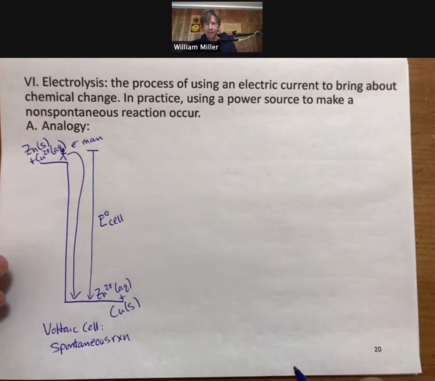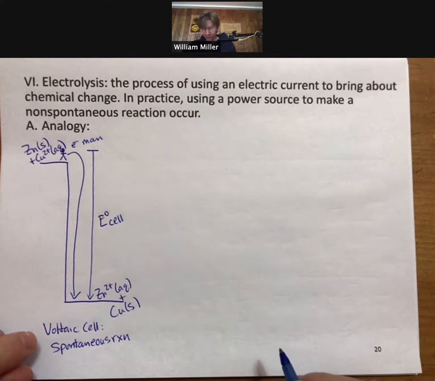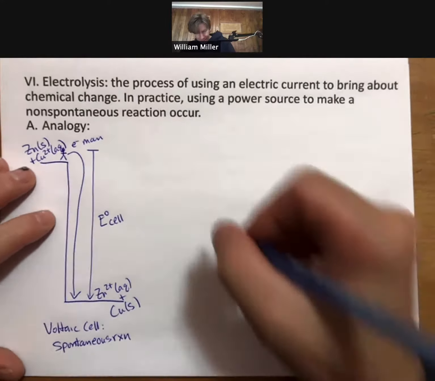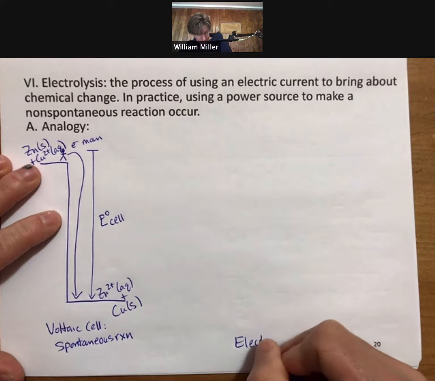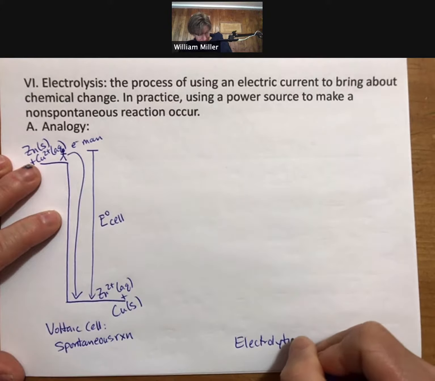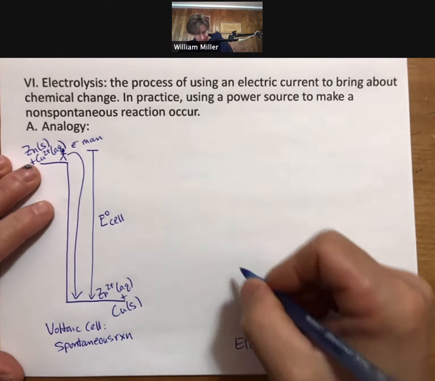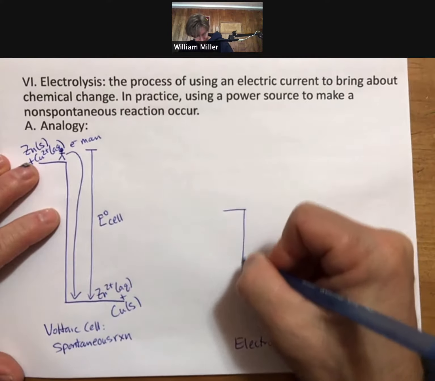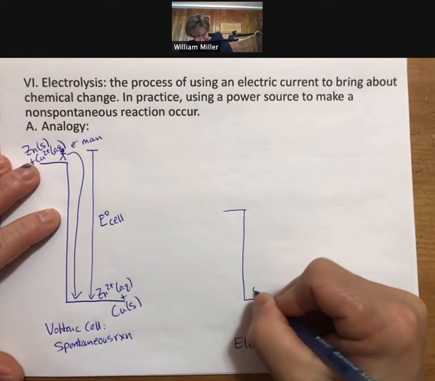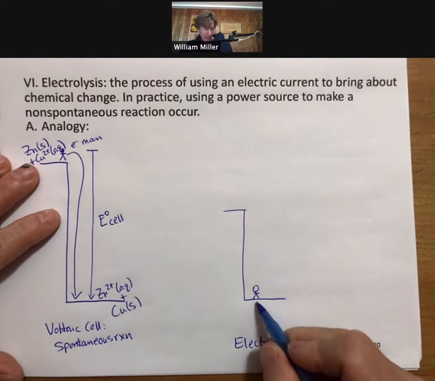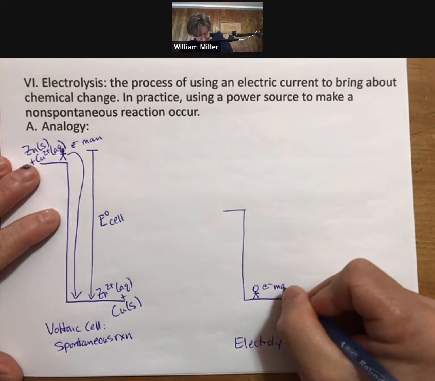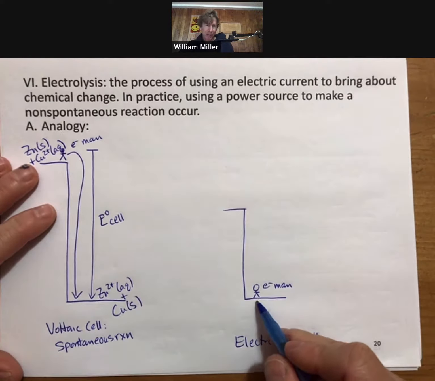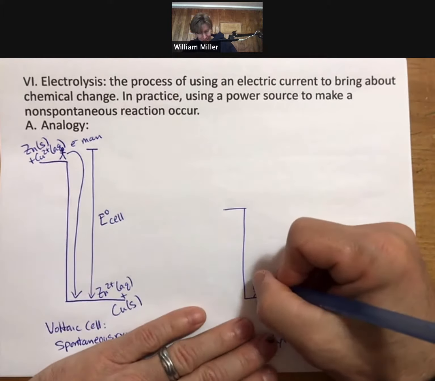Okay. Now, what we're going to do is take an electrolytic cell, and the electron, we'll still call him electron man, is at the bottom, and it wants to get up to the top.